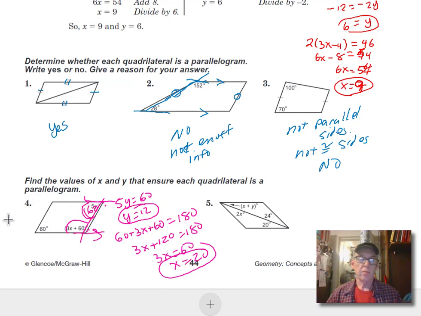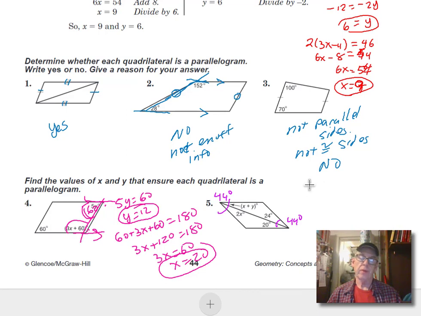Okay, let's look at number 5. One thing we have going on is that this 24 plus 20 angle, which is 44 degrees, has to be congruent to the opposite angle up here, which is the x plus y plus 2x.